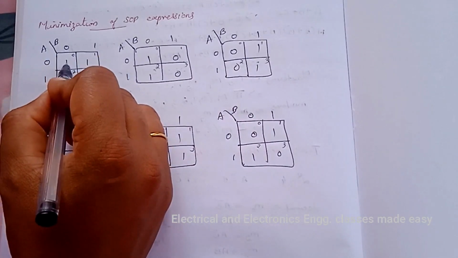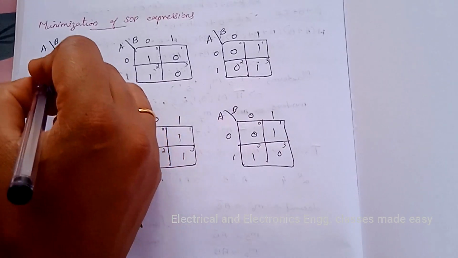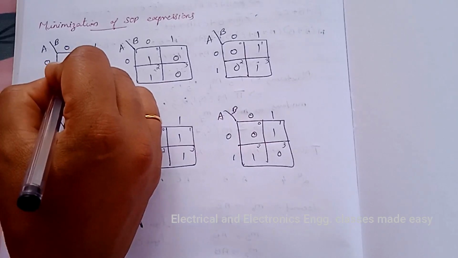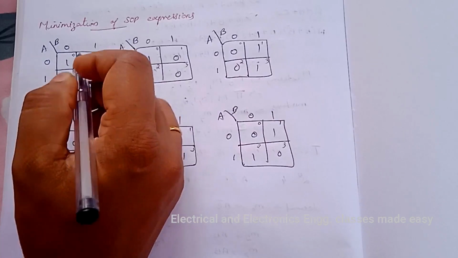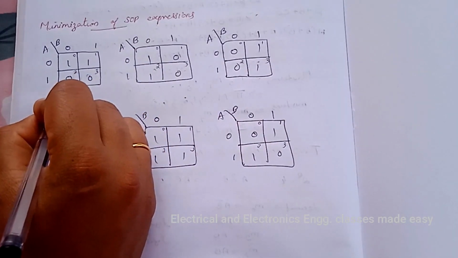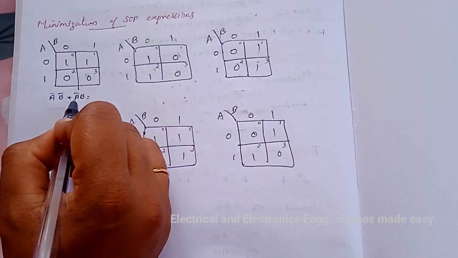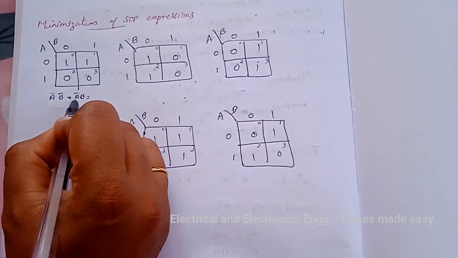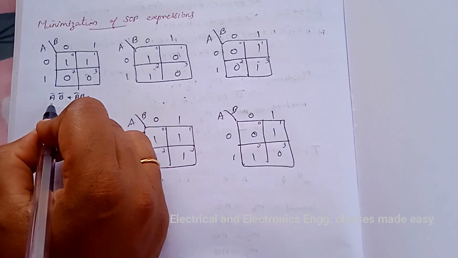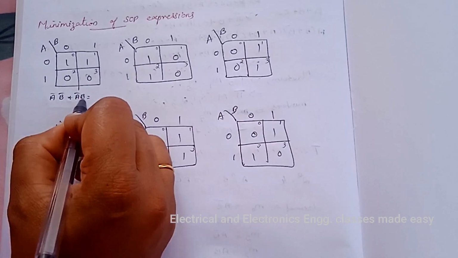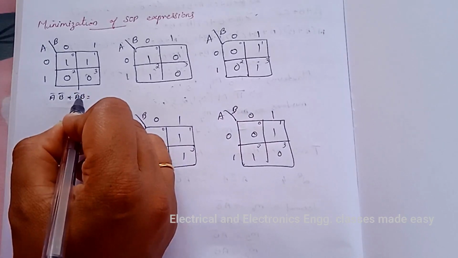That is, in this case this is m0 and this is m1, and this is A bar B bar, and this is A bar B. That is A bar B bar plus A bar B. So in this case, the variables differ only in B. B is different in these two cases and A bar is common.